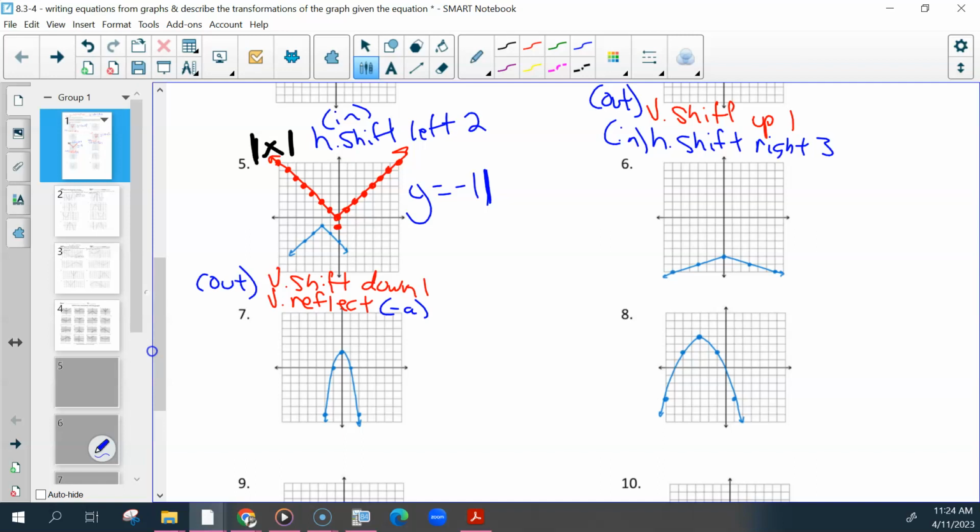So it is negative, but when we put it in, it's going to be plus. And then vertical shift down 1. How would we write that part? -1 at the end. And that would be our equation. -1 times the absolute value of x plus 2, then -1 on the outside.